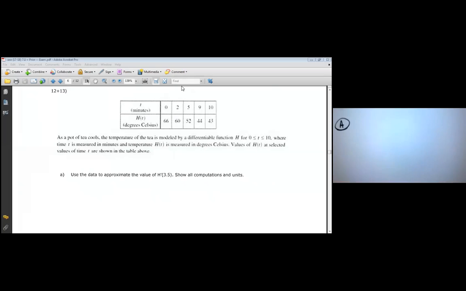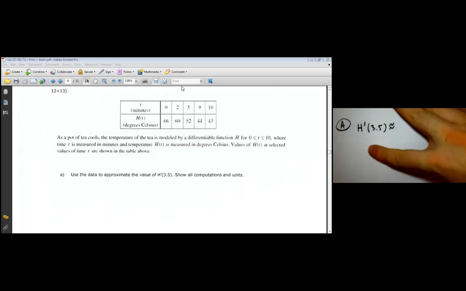So for part A, I'm not going to say "it is whatever it is." We're going to repeat what they ask. H prime of 3.5 is approximately equal to, so you're always going to start with whatever it is they're asking for. And to approximate this tangent slope, we're just going to see where 3.5 lands on this table.